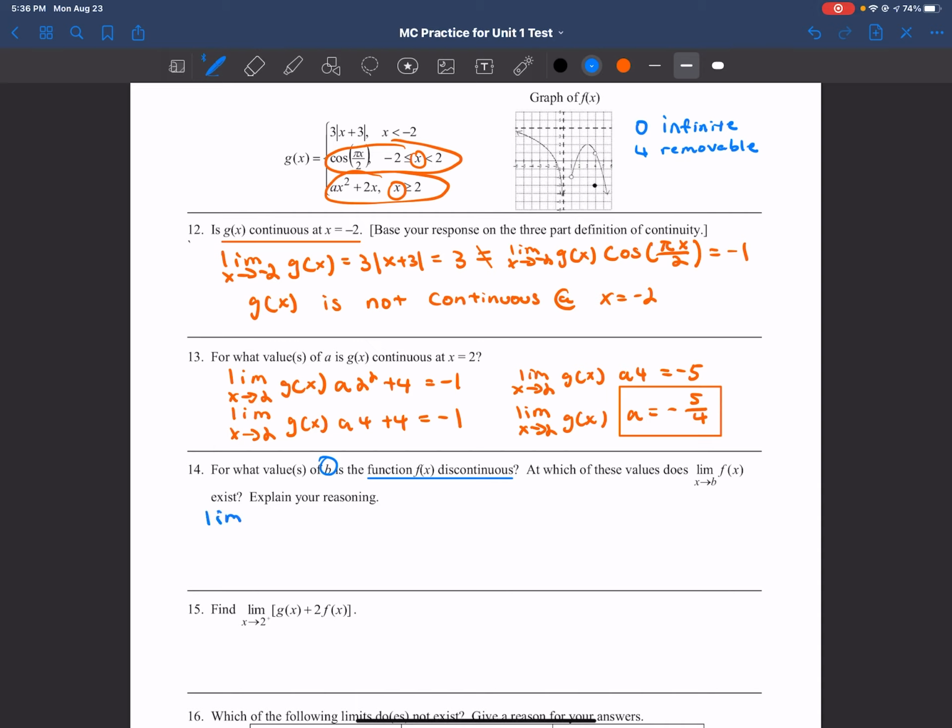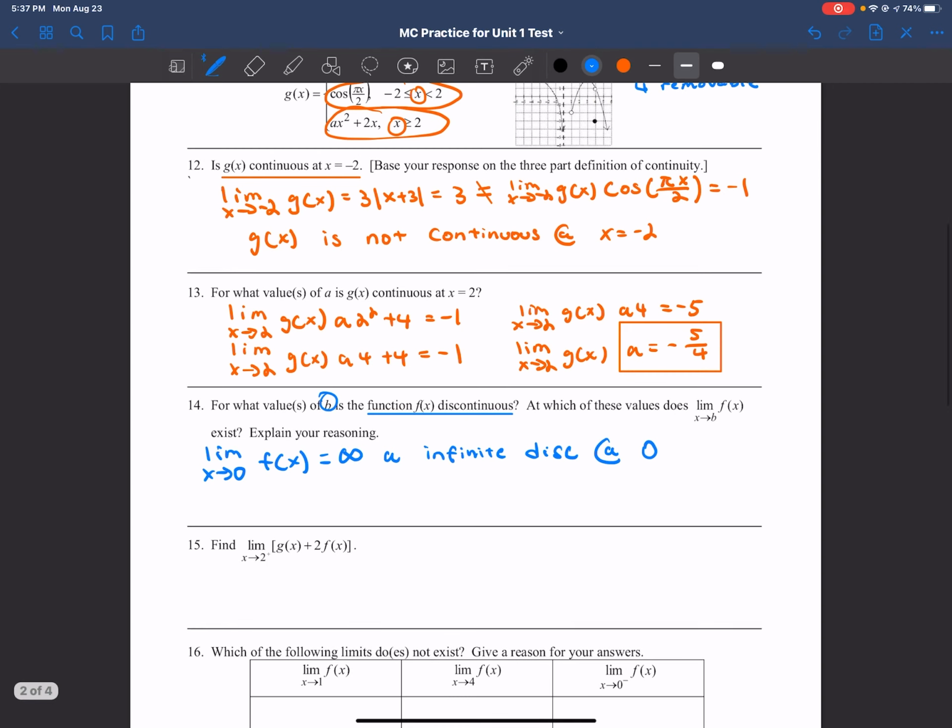Limit x approaches 0, f of x equals infinity. So an infinite discontinuity at zero.